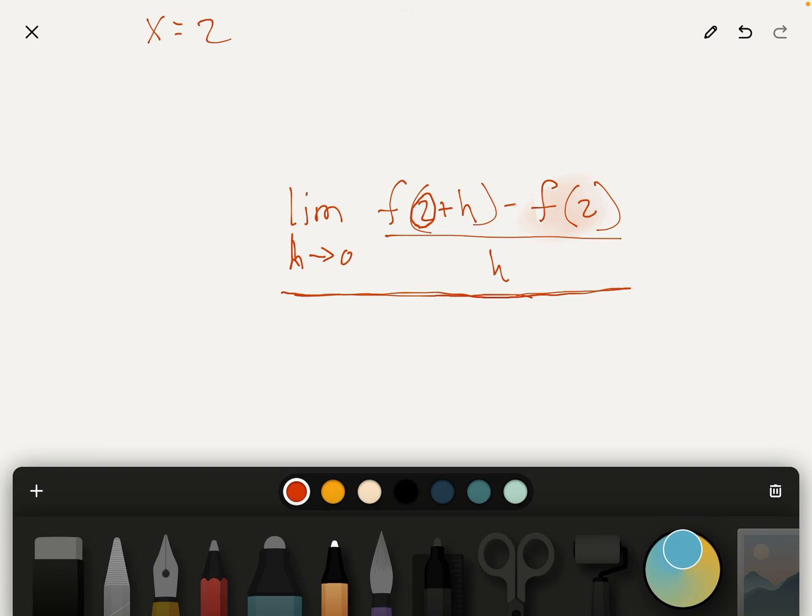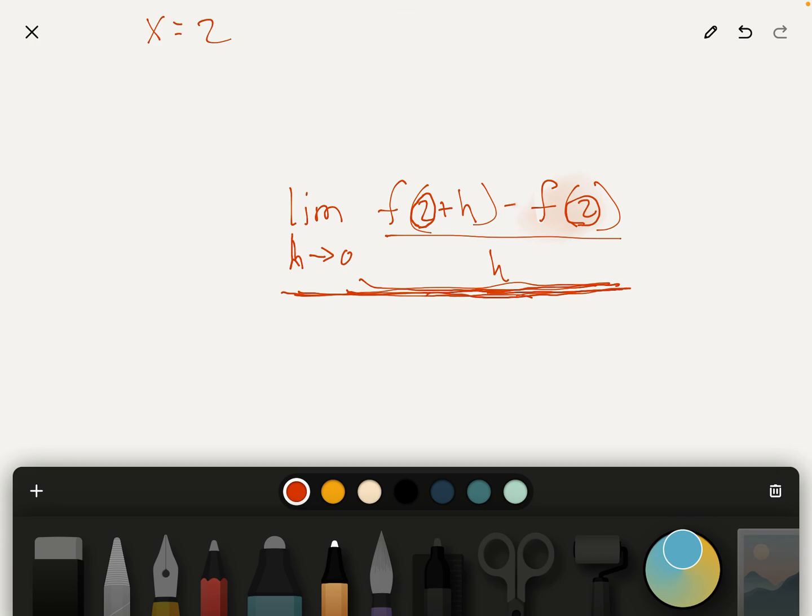So this is just the standard definition of a derivative using the terminology of limits, but where you've specified a value for x. Okay, so C is a correct answer.